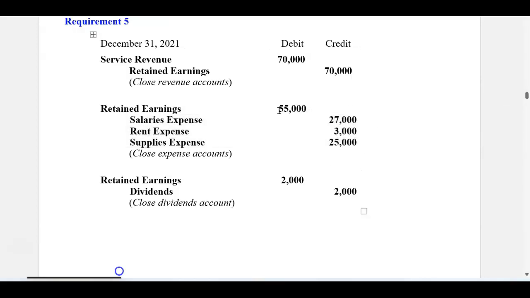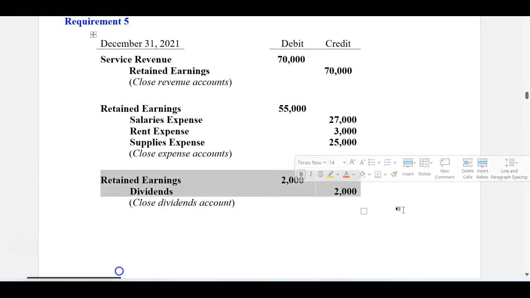After you add them up, that's where the addition goes: equals the addition of all these cells, and that's 55,000. So you close the rent expense for 3,000. And then the last thing you close is the dividend. The dividend normal balance is a debit, so you credit the dividend to close it. Therefore, you debit the retained earning. And that's the last thing you close.